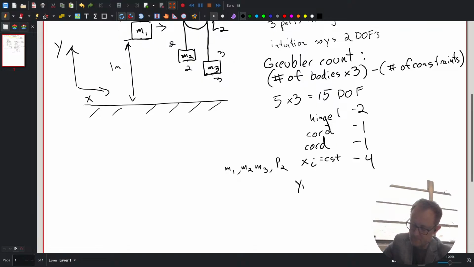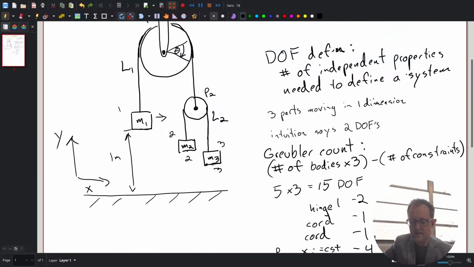So there's a y1 to theta pulley 1, -1, and then there's a y2 to theta pulley 2, that if y2 moves up and down, then that pulley has to rotate. And what are we down to now? 2, 3, 4, 8, 9, 10. So we're down to 5 degrees of freedom already.